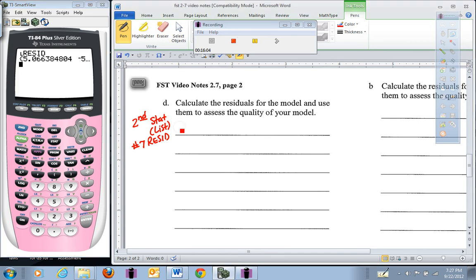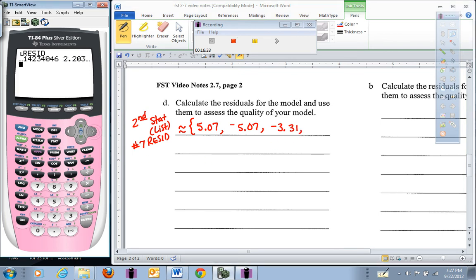So I'm going to put some squiggly lines in front of this set that I'm going to make, and I'm going to approximate these residuals. So the first one's off by about 5.07. I'm going to scroll over, and I'm going to say the next one's off by approximately negative 5.07. Okay, so the third one has an error of negative 3.31.